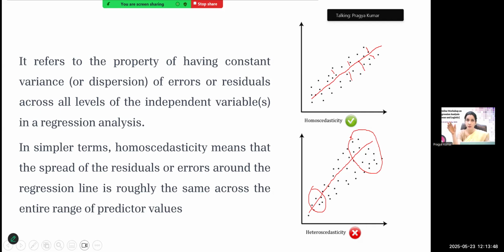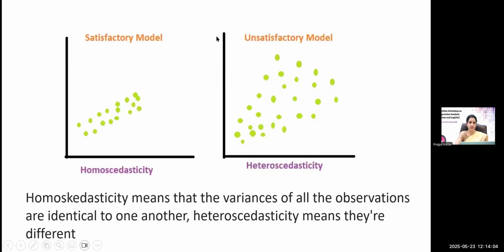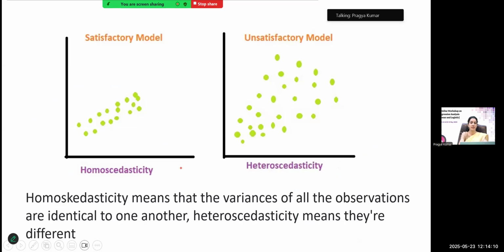In simpler terms, homoscedasticity means that the spread of the residuals around the regression line is roughly the same across the entire range of predictor values. Am I making sense to you? In the first one, the assumption of homoscedasticity is met.